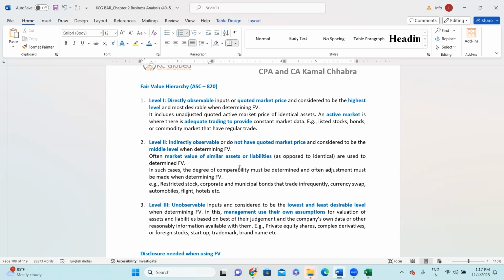In such a case, the degree of comparability must be determined and often adjustments must be made when determining the fair market value. So restricted stock, corporate or municipal bonds that are traded infrequently, currency swaps, automobiles, flights, and hotels, those are not traded very frequently on any stock exchange. So if you have to identify the pricing of those, you'll be using the comparable method more and more. That comes in level 2 assurance.